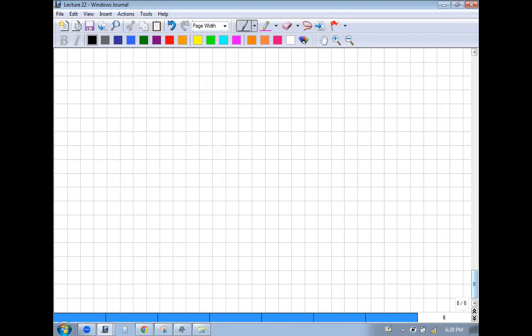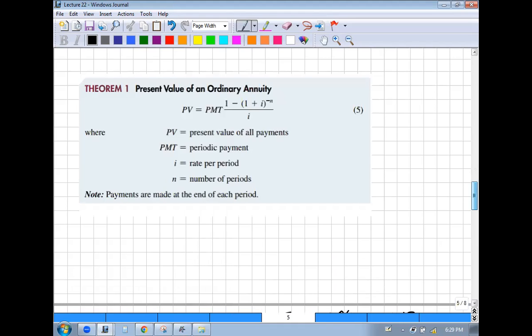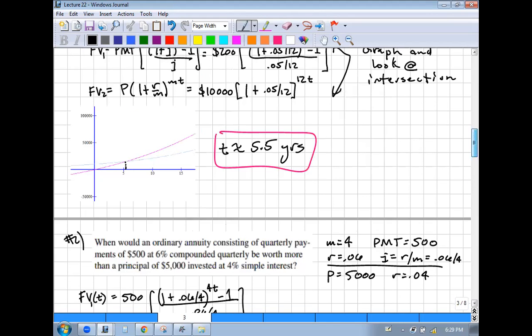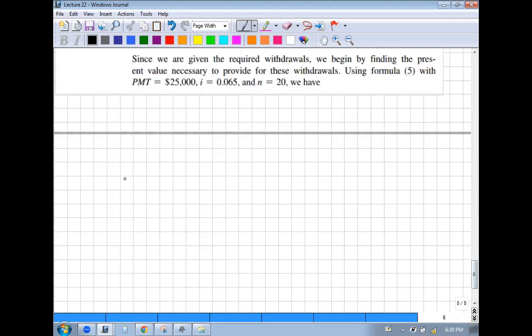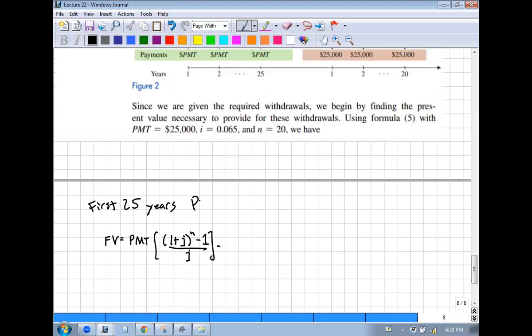So first off, we need the first, where is our little formula here? This is our annuity for the first 25 years, right? So first 25 years. All right, we're making, I'll call this payment 1, we're making payments for some amount. We don't know. Okay.